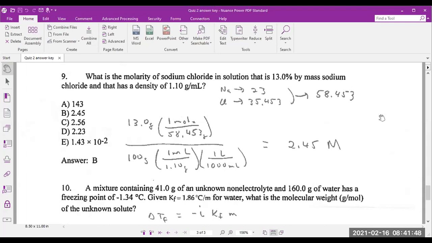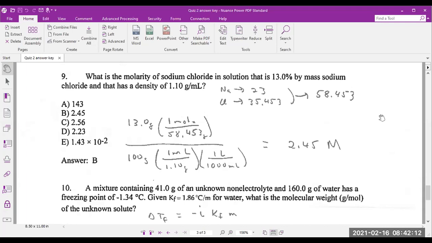So that 13 grams times 1 mole per 58.453 grams gives us our numerator in moles of sodium chloride. Then in the denominator, we have 100 grams of solution. We need to change that into a volume measurement, in particular liters, since molarity is our final answer.